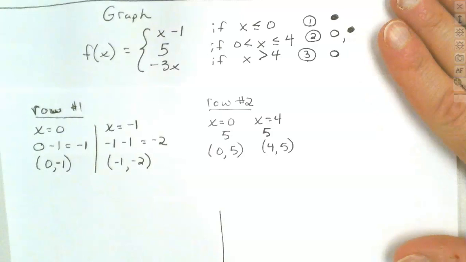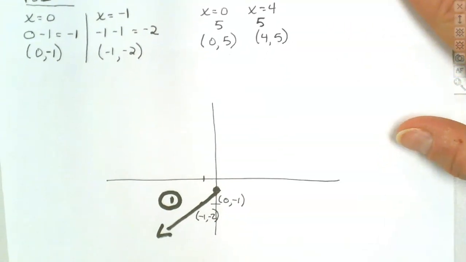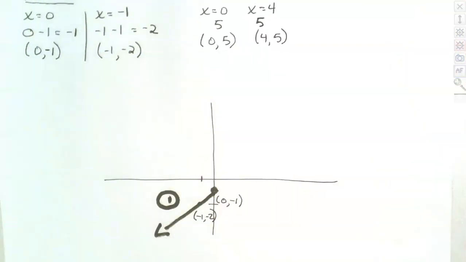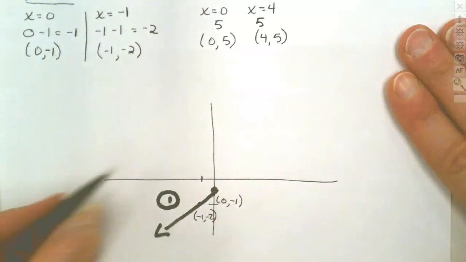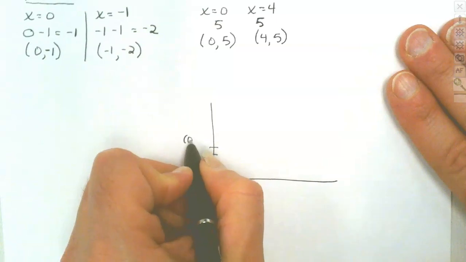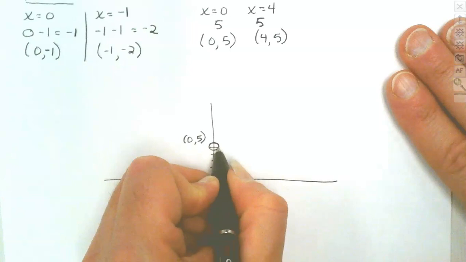Now we'll go to our graph. It's hard to keep it all on the same screen. This is going to be our row 2 again. Now, row 2, we need an open circle at the first point, closed circle at the second. Sorry, our first point here is (0, 5), and it gets an open circle.